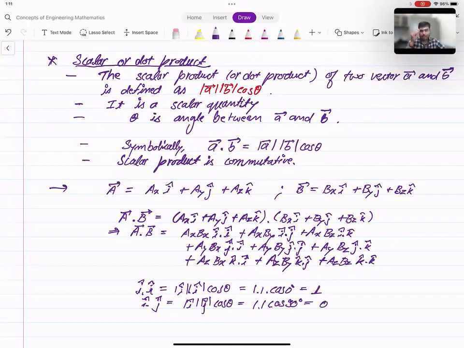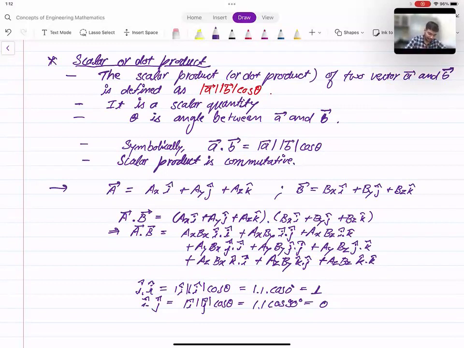Okay, so from here it is clear that the dot product of parallel vectors will be 1, means the angle between them is 0, so cos 0 will be 1. So actually I will rephrase my sentence: the dot product of two unit vectors which are parallel will be 1, like I dot I or j dot j or k dot k, and the dot product of two unit vectors which are perpendicular will be 0, because the angle between them will be 90 degree.